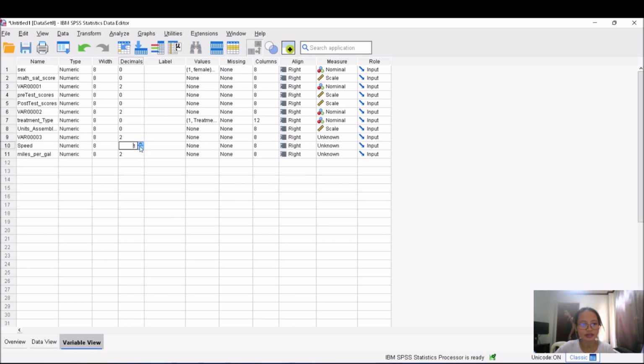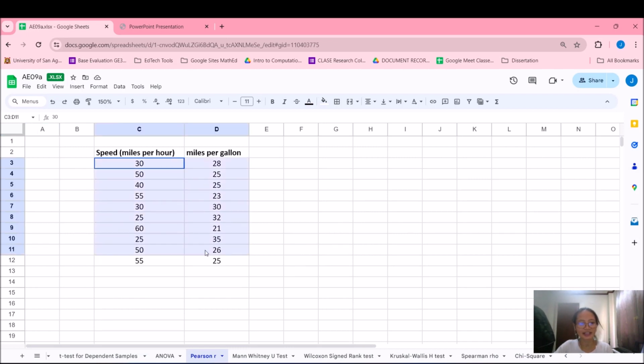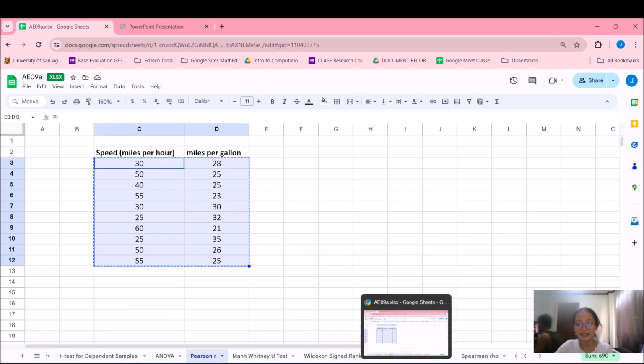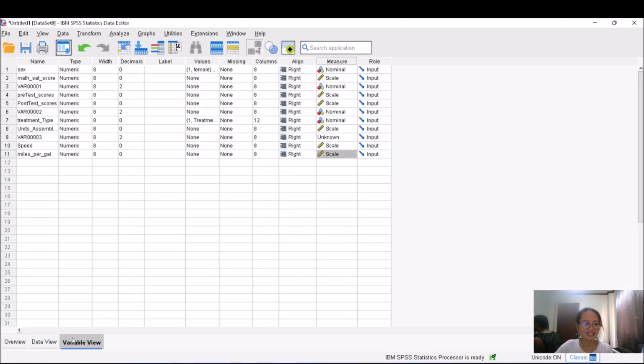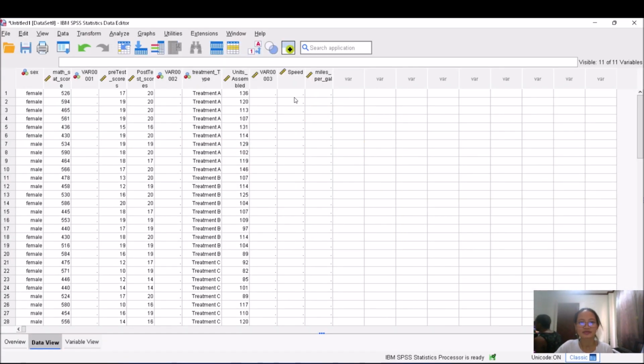Okay, and this is now 0 decimals, and this is 0. Okay, and both data are scale. Then you go back to your Excel file, copy this, and paste it in the data view.